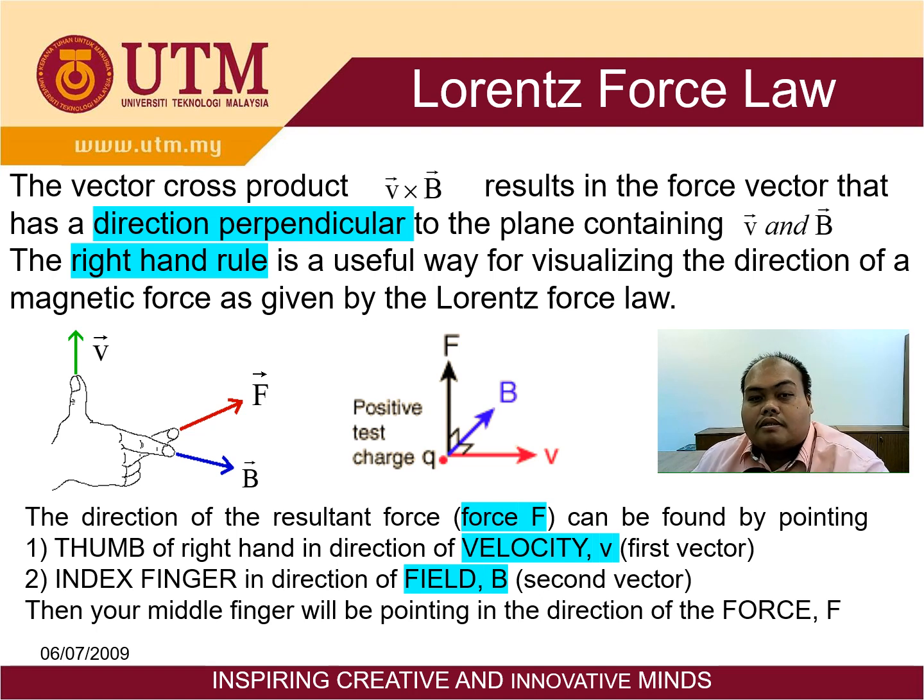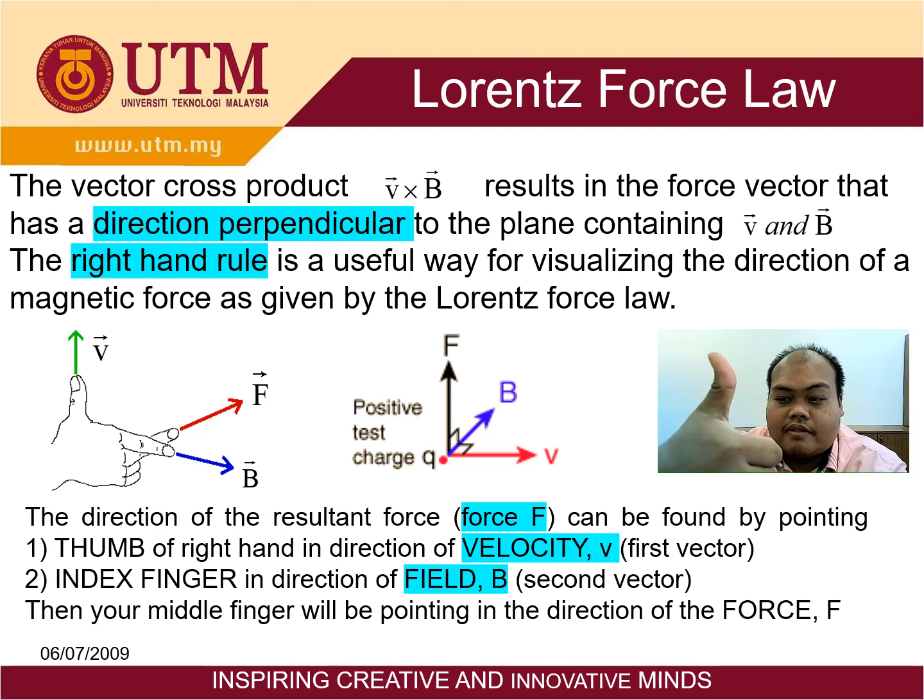So basically you have to know what is velocity and what is B. For me, the way to memorize it is that the thumb just represents the velocity. Usually you do it like a pistol, bang.